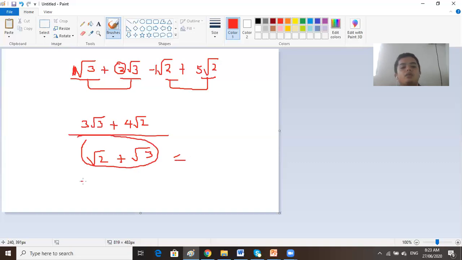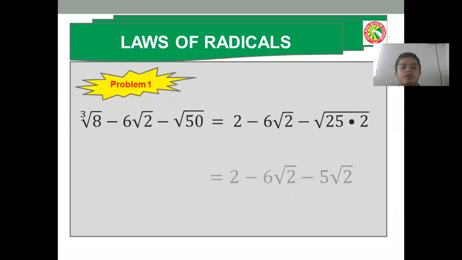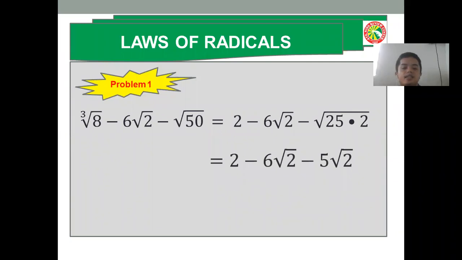Likewise, if you have cube root of 5 and the fourth root of x, again you cannot combine, so this is the answer. So go back to the slide. We're done with that. So the answer is 2 minus 11 square root of 2.